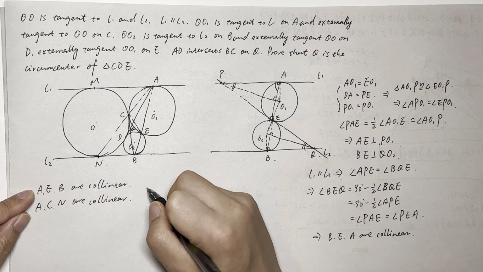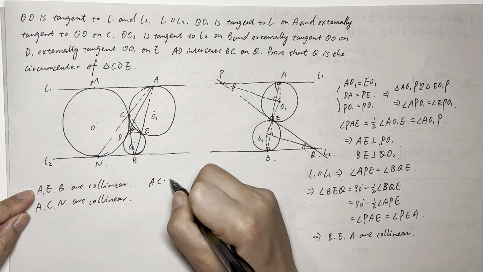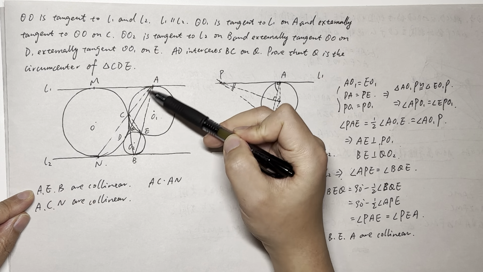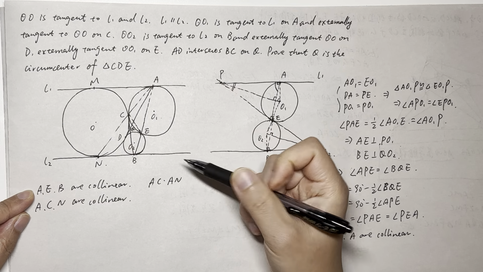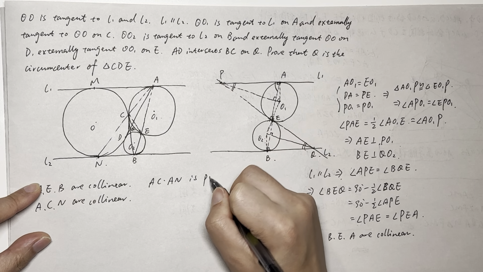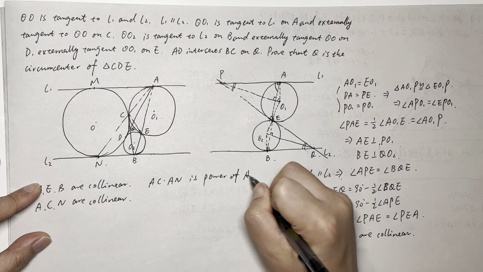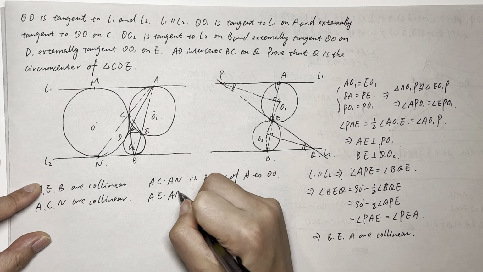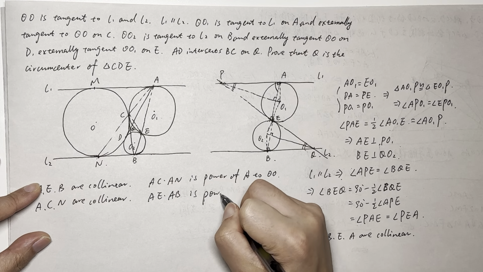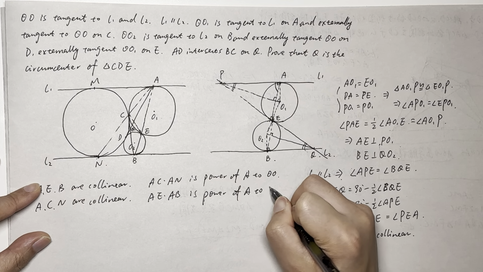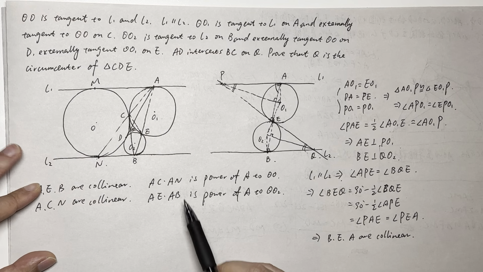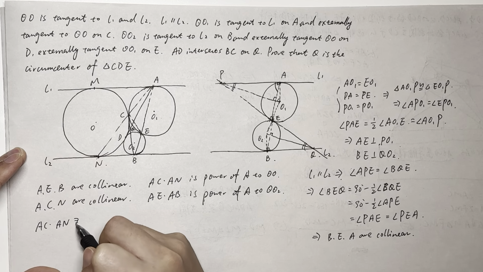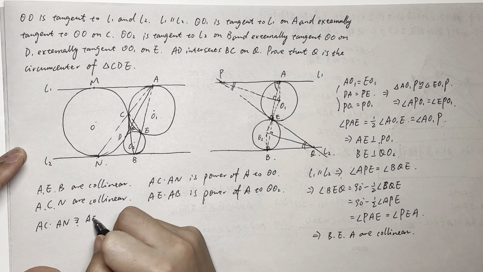So we want to see that AC times AN is the power of A to circle O, right? And AE times AB is the power of A to circle O2. I want to prove that AC times AN equals AE times AB.